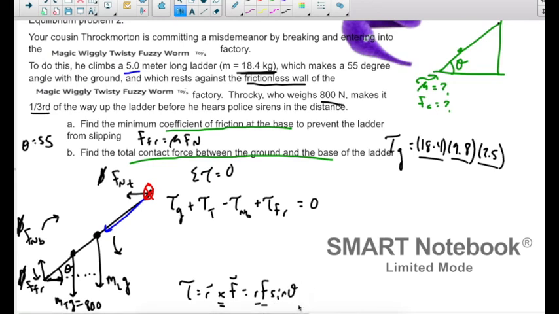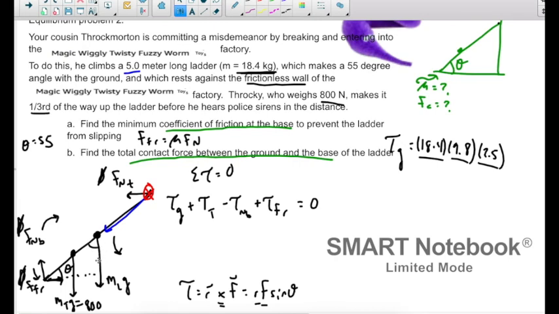I need to think about this sine theta value, where theta is the angle between the vectors that I've drawn, okay? So the angle between the r vector and the force vector is going to be this angle right here, right?